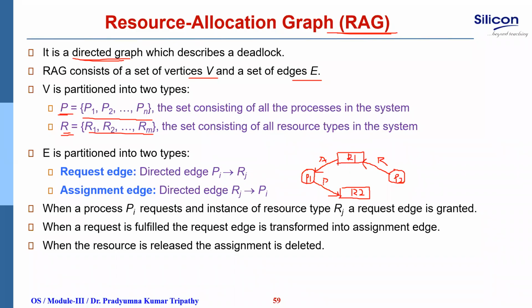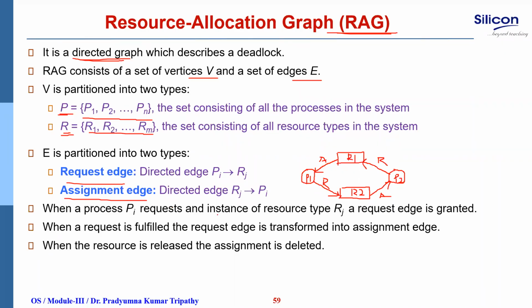It's a request because it goes from process to resource. That means the process is requesting R2. If there is an edge from resource to process, then we say the resource is allocated to the process. Correct? So we say assignment edge or allocation edge also, right?